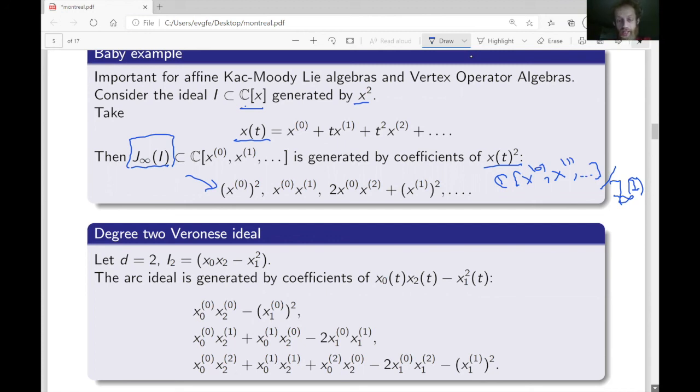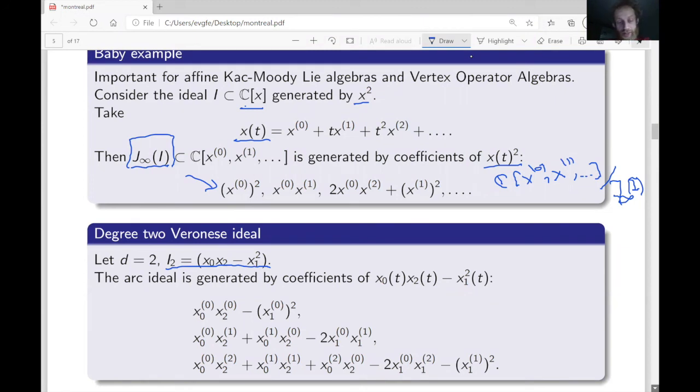So, okay, let's go further with another example. Let us consider the case of the Veronese curve of degree 2, so d is 2 here. And then we know that I_2 is the ideal generated by a single binomial, x0 x2 minus x1 squared. And what is the recipe?